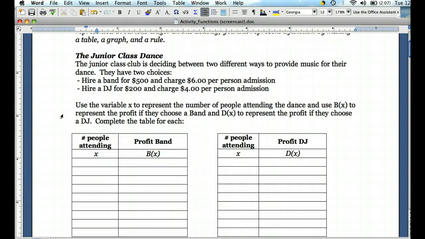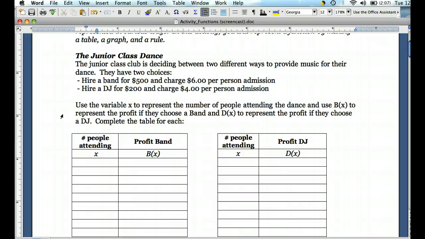And our scenario is about a junior class dance. And you'll notice we're given some information. The junior class club is deciding between two different ways to provide music for their dance. And one choice is to hire a band for $500. And because there's going to be a live band, they would be able to charge more for the tickets.